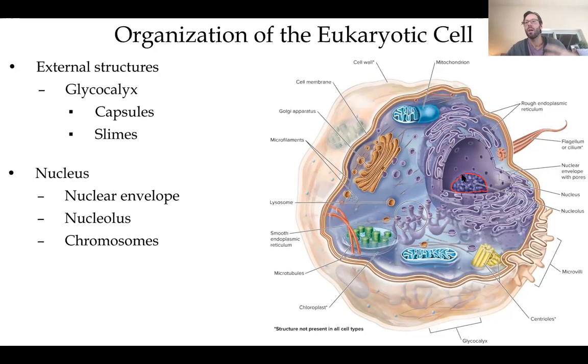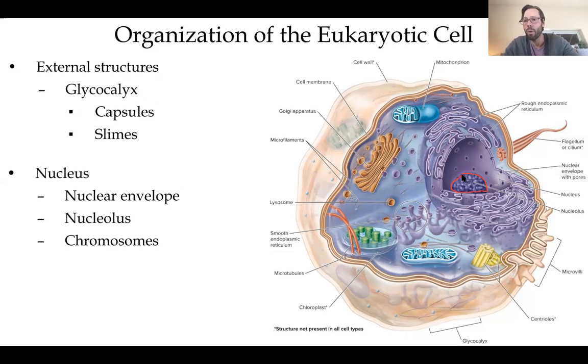It has a nucleolus, which is a site for ribosome synthesis, right? Because the ribosomes need to be created somehow to make proteins from the RNA that comes from the DNA, right? The RNA is going to be in that nucleus, and it's going to then translocate out of the nucleus via the pores.